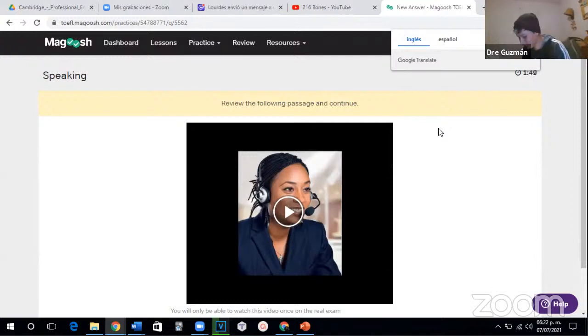Pero overall, the introduction, really good, ¿no? Plantear lo mismo, la idea general que explica y luego mencionar los dos motivos. I feel in the first one, while mentioning the first one, you kind of missed a little bit of information, or the example wasn't really clear. And the second one sí estaba bastante claro, ¿no? Esto de la presión y demás.